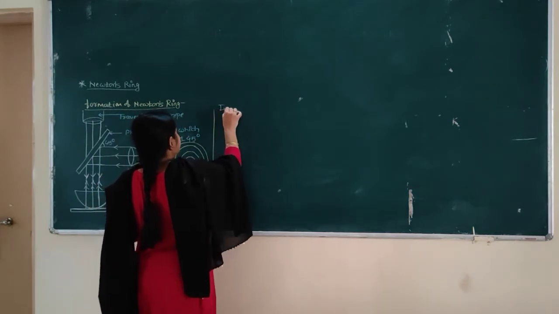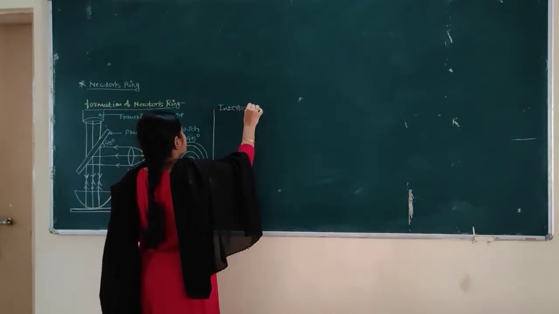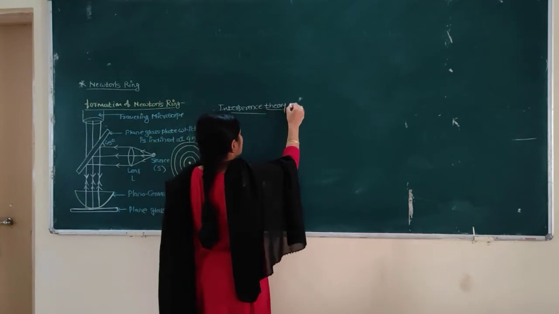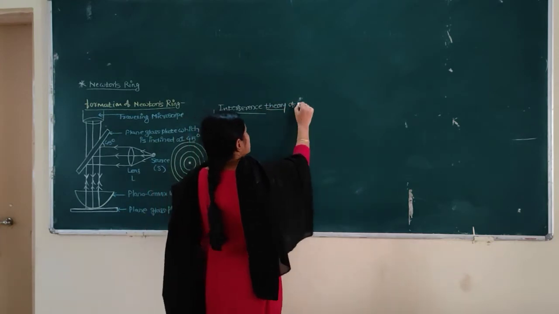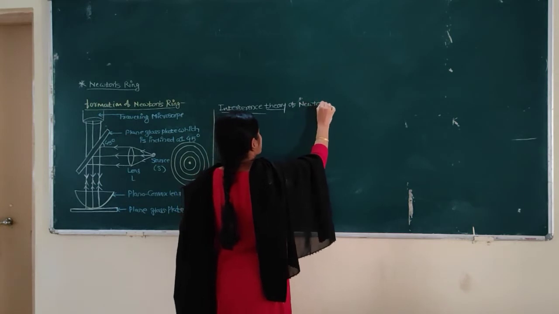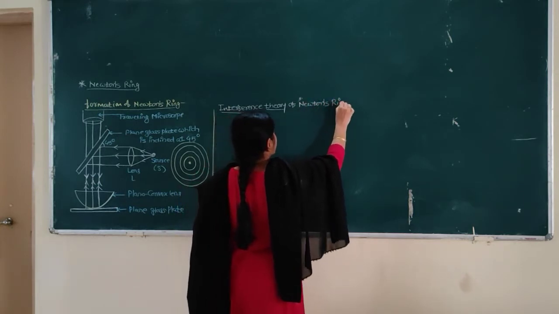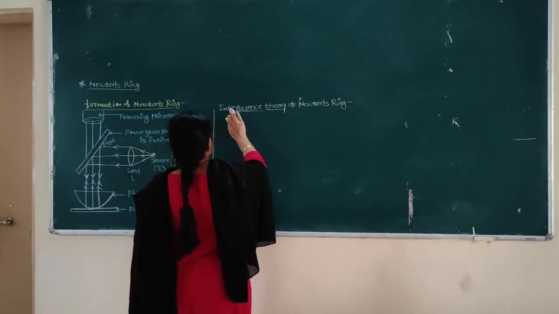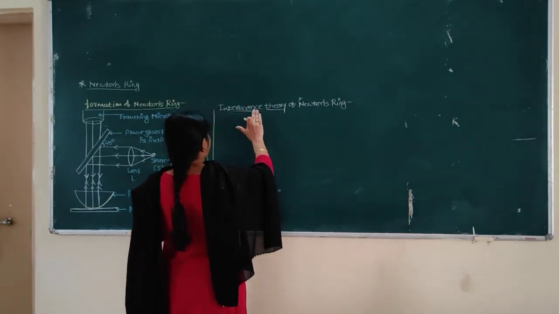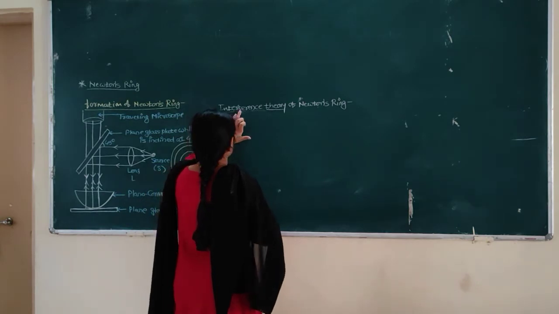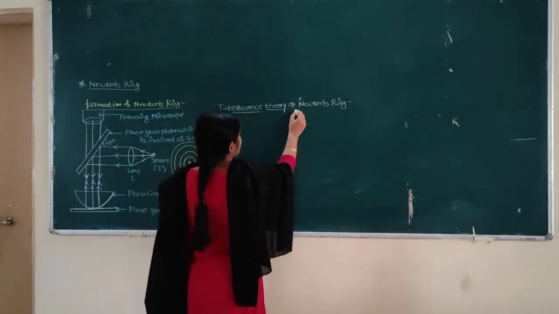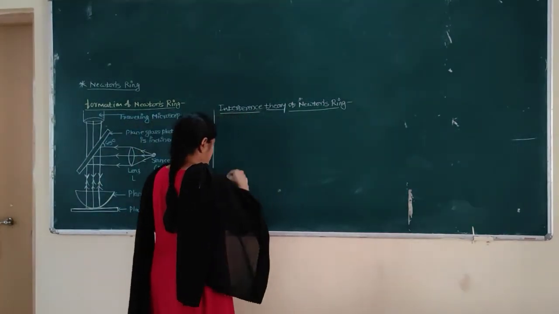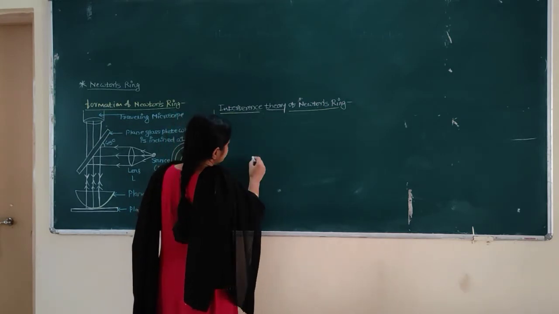So we can write here: interference theory of Newton's ring. Okay. So for this, we draw one diagram.